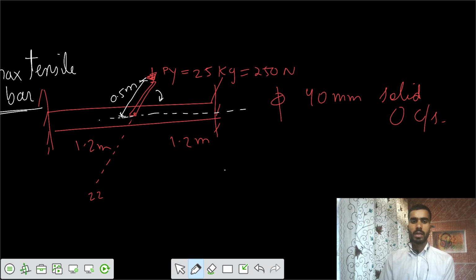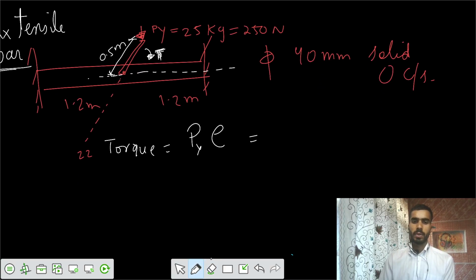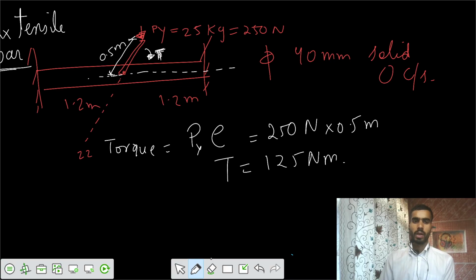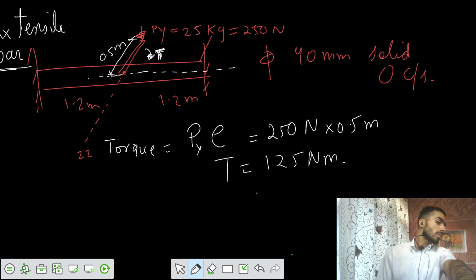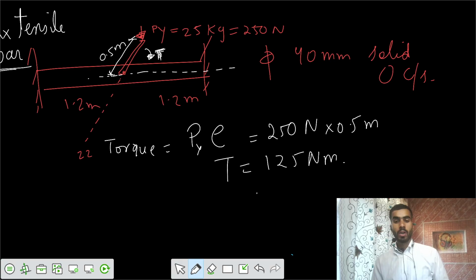So a moment, or torque, would be developed about the polar axis. The torque developed would be equal to Py into the eccentricity of that load, which is 250 Newton into 0.5 meter. So you get a value of 125 Newton meter torque applied clockwise.